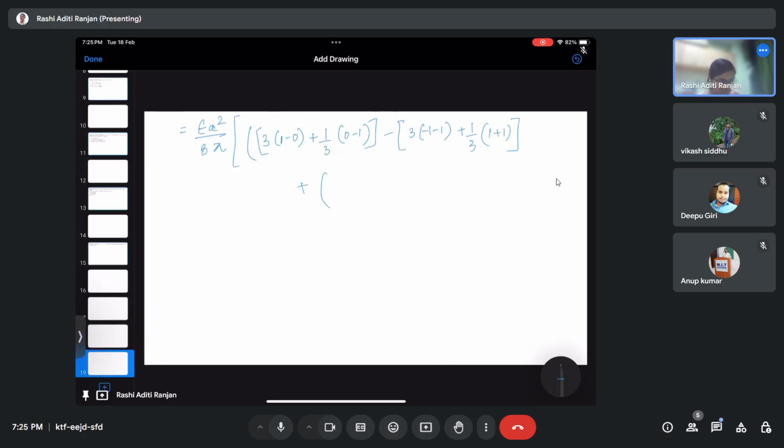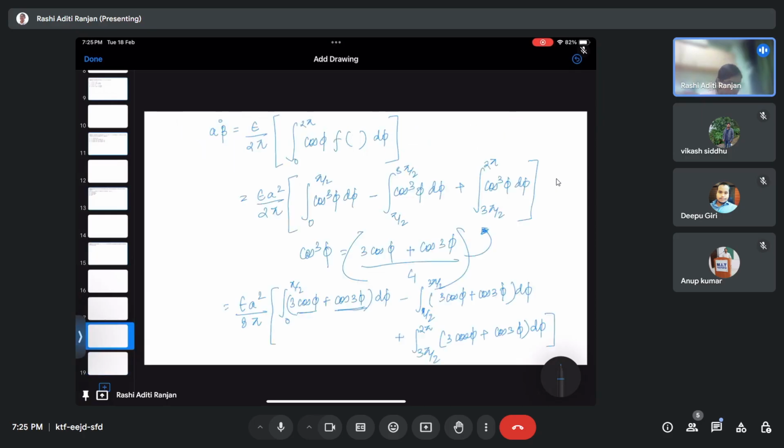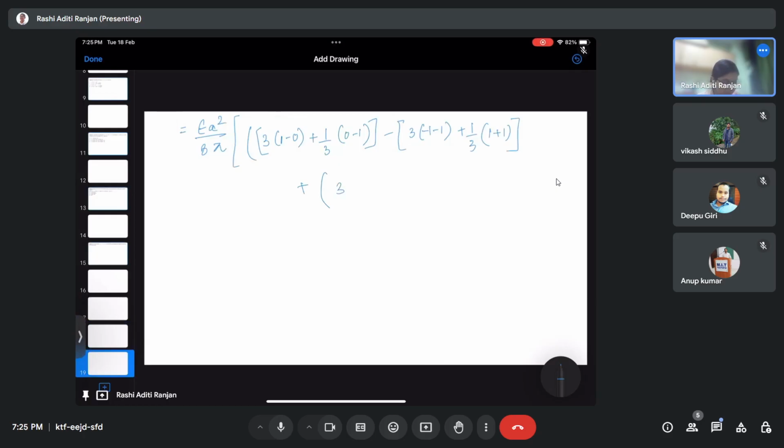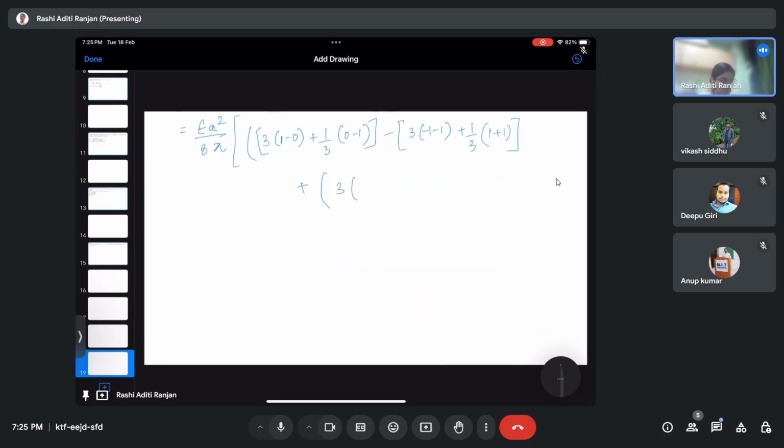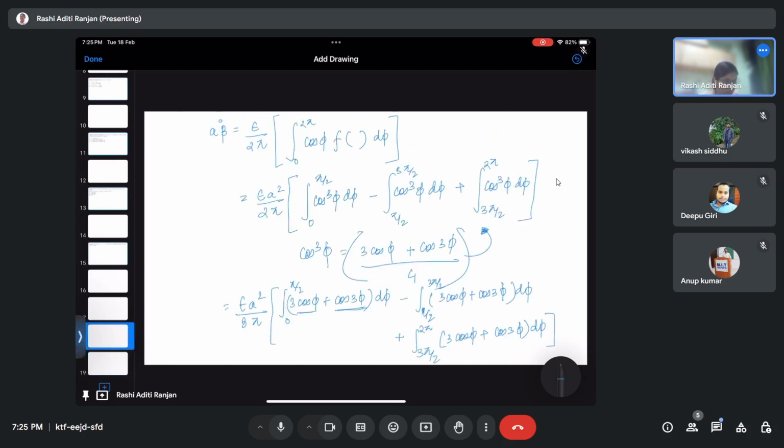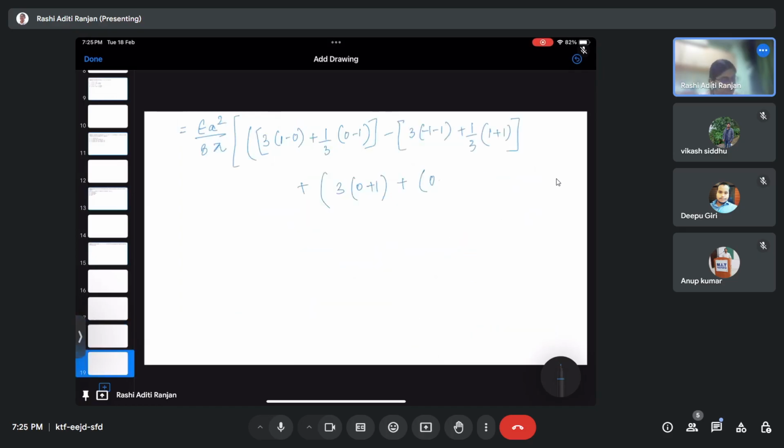Plus 3 pi by 2 cos 3 into sine of 2 pi 0, 3 pi by 2 minus 1 plus 1, 0 plus 1 plus 0 by 3 and sine of minus 1 by 3.